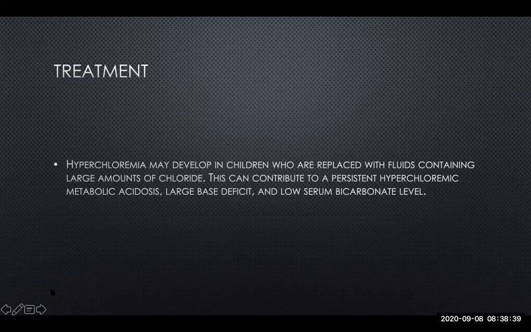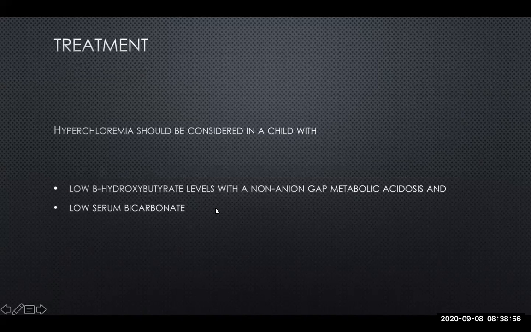So how can we consider that a patient has hyperchloremia? This patient is already in acidosis with DKA, but we need to know if it is because of high chloride in the blood. We need to consider this in a child who has acidosis, but in this case it is a non-anion gap metabolic acidosis.